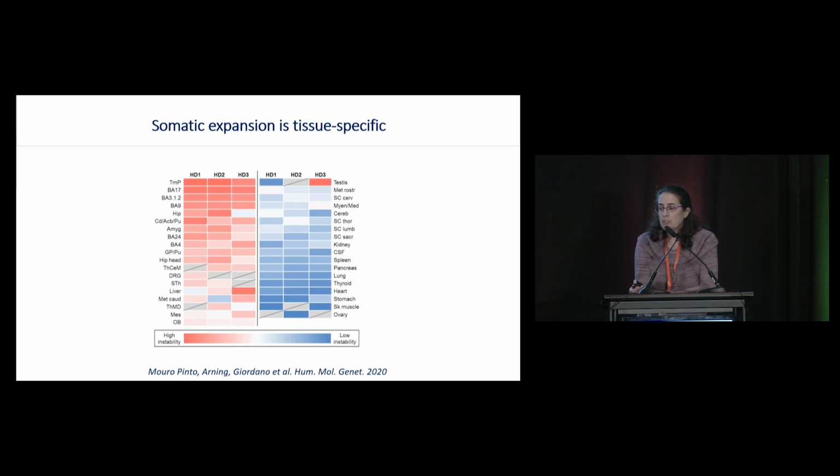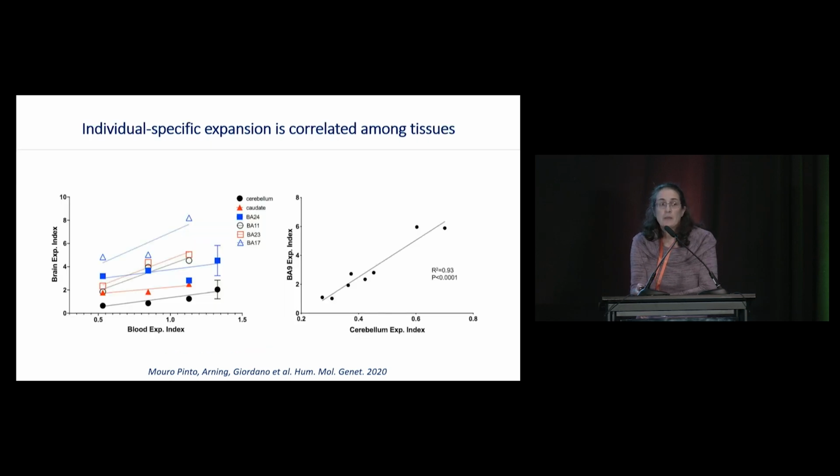We've also gone on to show that somatic expansion is tissue-specific. This shows a study over a range of brain and peripheral tissues: high in the brain and much lower in general in peripheral tissues. Interestingly, within any one individual, although the absolute levels of instability differ between tissues, they are correlated between the tissues.